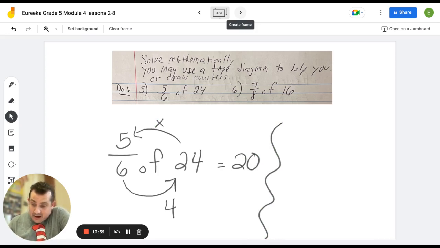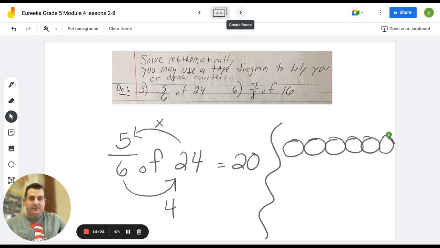And for me, I would say 5/6. You could either draw 6 columns, or we could say I'm going to make 6 groups. So I'm going to draw 6 big circles. Okay, here's group 1. Here's 1, 2, 3, 4, 5, I'm squeezing it in there, 6. All right.